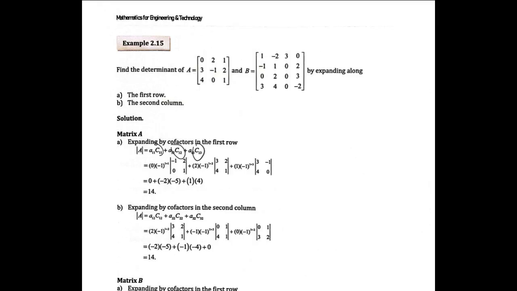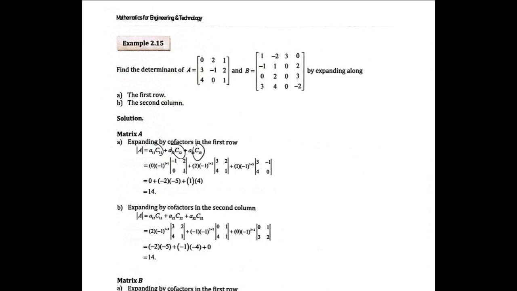But again, the beauty of using cofactor expansion is that you don't need to calculate for each of the elements. You just need to choose any row or any column. It can be this, it can be this, it can be this. But usually, to make things simpler, we always choose a row or column that contains a lot of zeros.